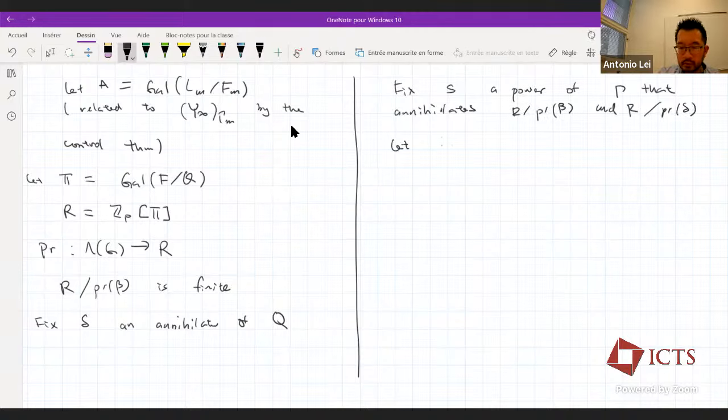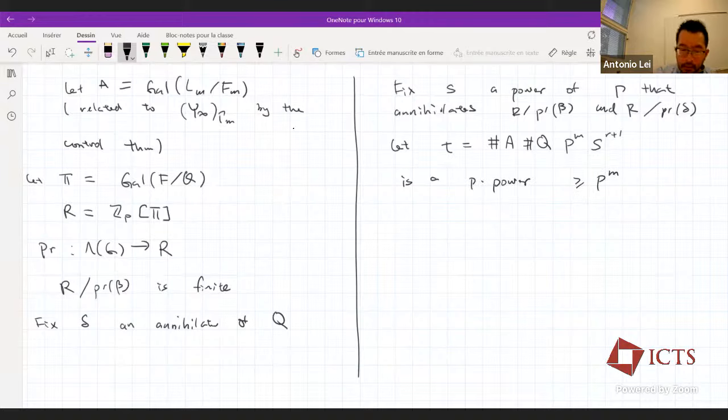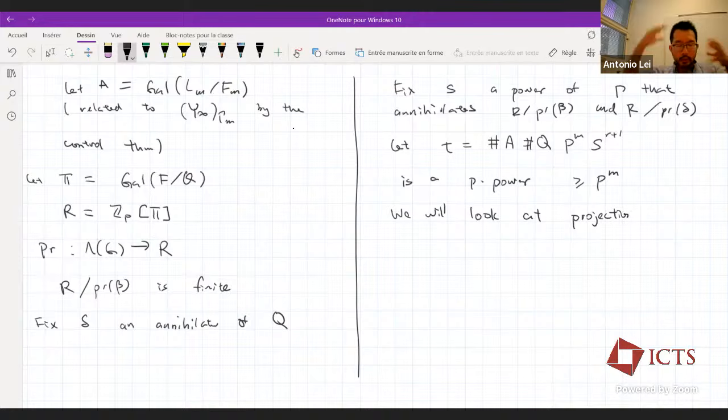These are just kind of technical. And then I'll write T to be a p power that is greater than or equal to p to the M. And then I will try to do things modulo T. So we already project things from the whole tower to finite layers, and I will try to project things to modulo T.